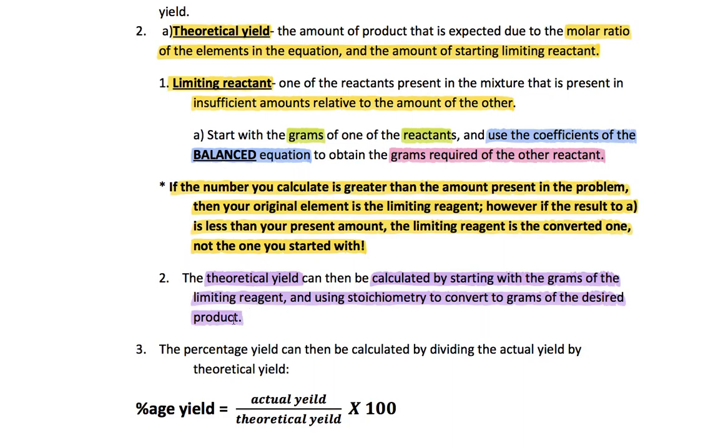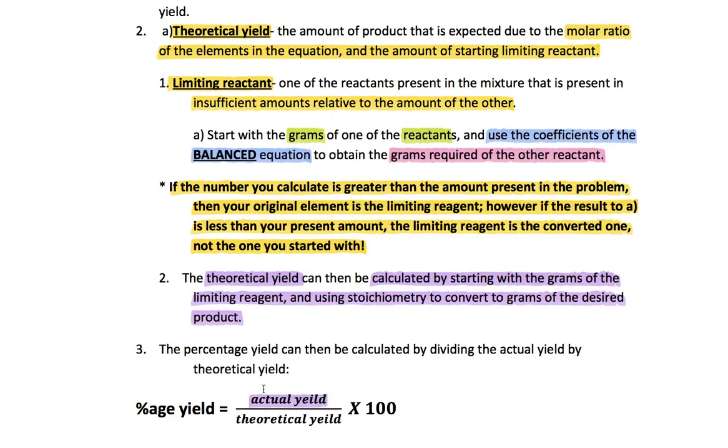When we do experiments, though, rarely do we get 100% of what we expected to get. There's human error, and whatever experimental error you encounter, so you only get a certain percentage of the total amount that you should have gotten. The amount that you get is a given value, usually from the experiment, and that's called your actual yield.